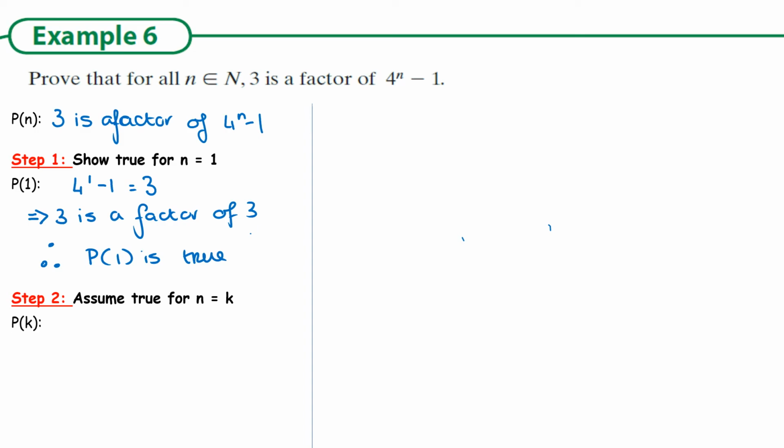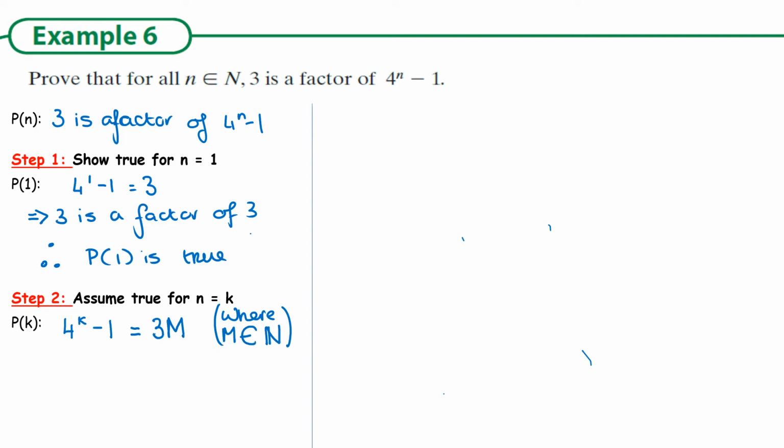So what we're going to say is we want to assume that 4 to the power of k minus 1 is divisible by 3. So I'm going to write that as 3 multiplied by some number m, where m is an element of our natural numbers. So basically that 3 divides evenly in.